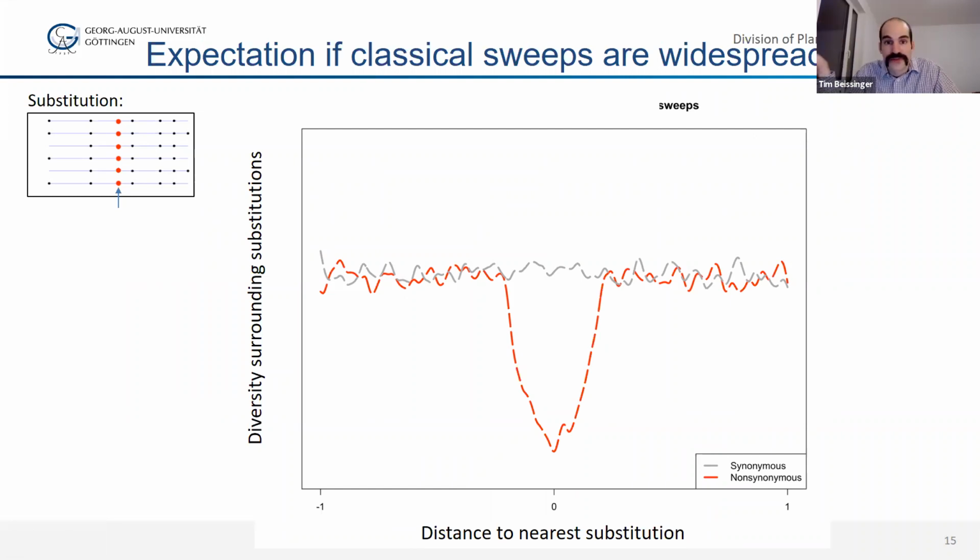So first, what's a substitution? It's a fixed difference between one species and another species, or one population and another. In the figure from the last slide, the red dot is a substitution because before selection, nobody had the red dot, and after selection, every single individual carries this red allele.